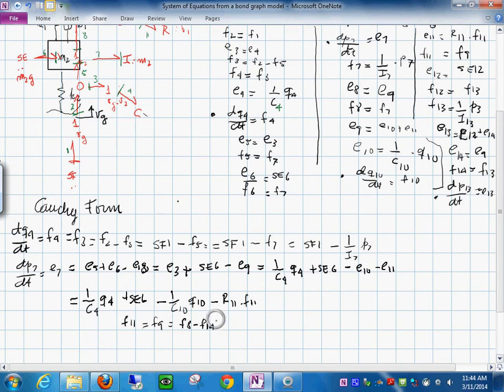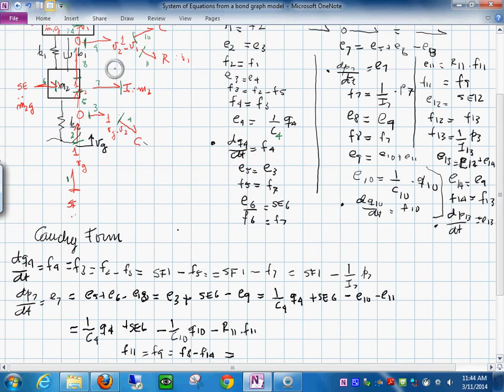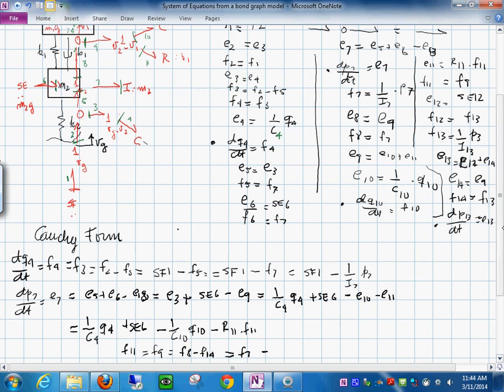So it would be a good idea to develop this instead of doing the substitution right there. So F8 is going to be equal to F7. And then F14 is going to be equal to what?